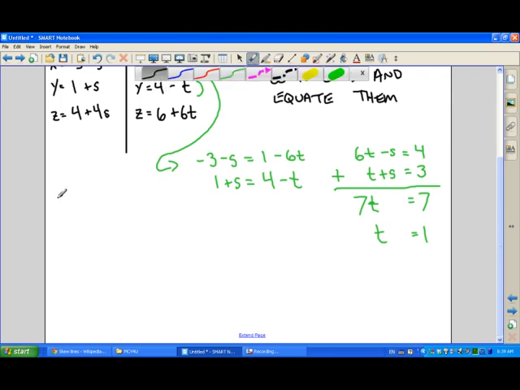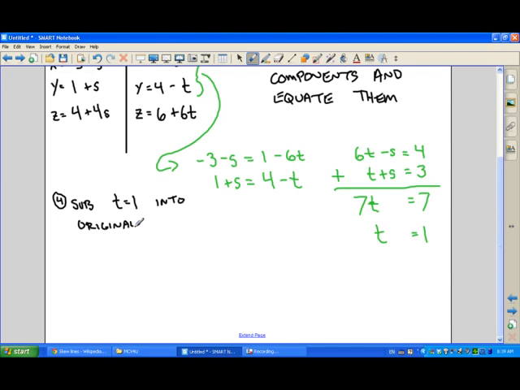And I can then take t equals 1 back into one of my original equations to find my parameter s.